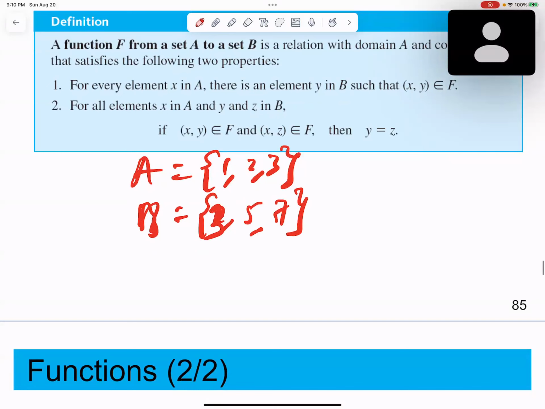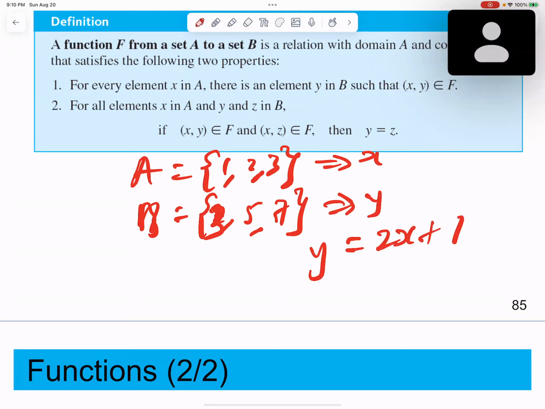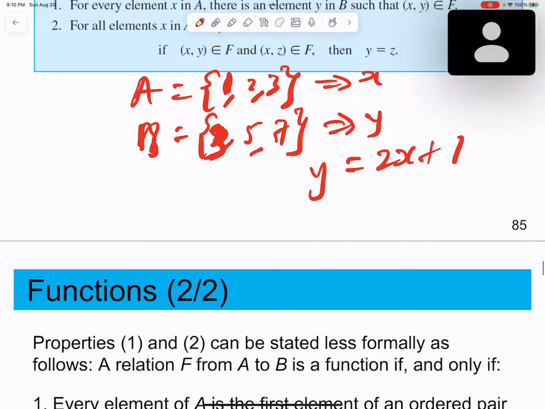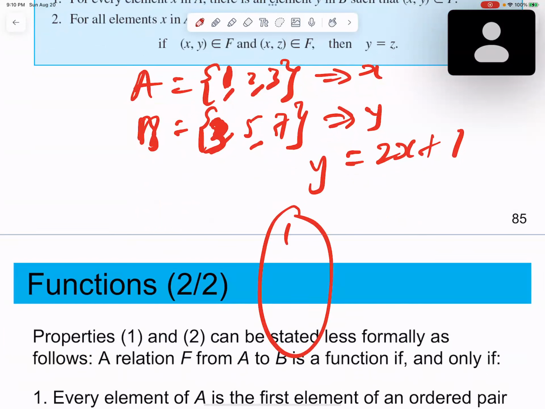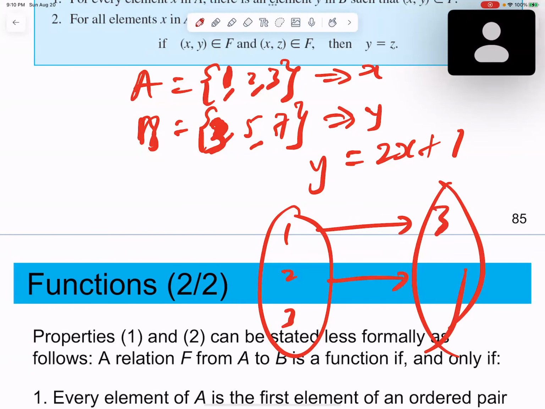You can easily see that if this represents your x and this represents your y, then y equals 2x plus 1. You multiply everything here by 2 and you add 1 to it. That will give you this. So I am converting numbers 1, 2, 3. This one goes to 3. This one goes to 5. This one goes to what? 7. 2 times 1, 2, plus 1, 3. 2 times 2, 4, plus 1, 5. 2 times 3, 6, plus 1, 7.